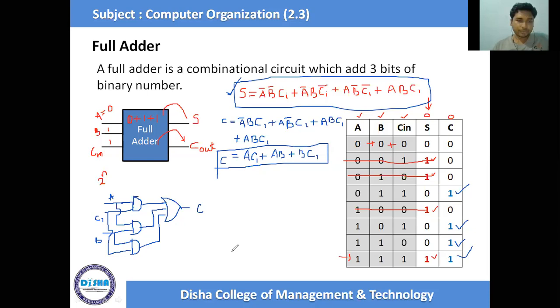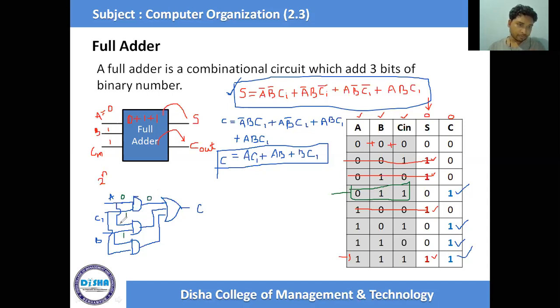Let's see, just giving the input value at A, B, and C in, whether we are getting the correct C value or not. A is 0, so this is 0 value. B is 1 and C is 1, so this produces 0.